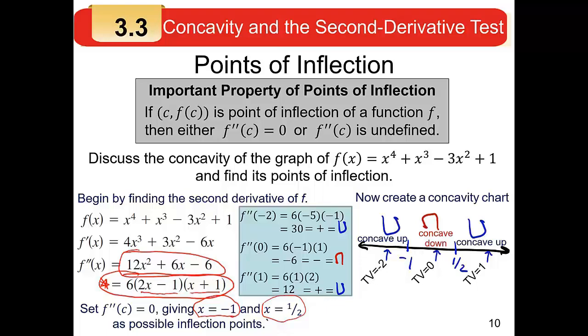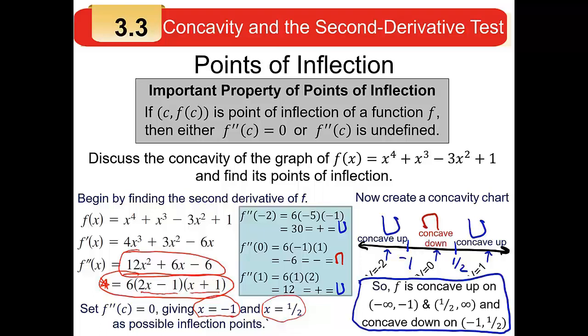The problem asks you to discuss the concavity and define the inflection points. So as you're discussing the concavity, what you're going to say is that it's concave up on the ends, from -infinity to -1, and from 1/2 to infinity. And it's concave down in the middle, which is from -1 to 1/2.